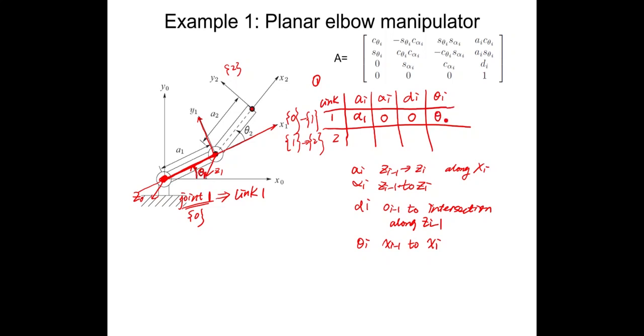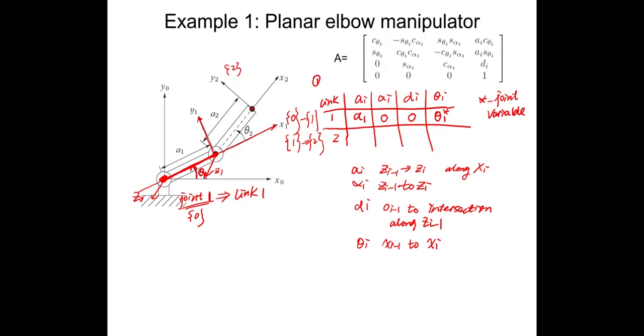Because this is a revolute joint, theta 1 is my joint variable, so I mark a star for the joint variable. It means it's not a constant. It is a variable that is controlled by the motor, and which is given by the joint.